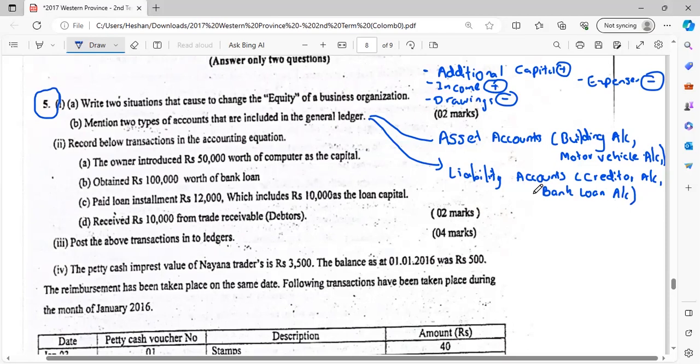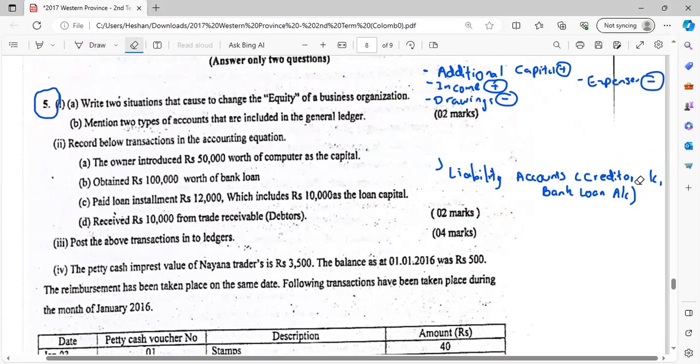Record the below transactions in the accounting equation. Our basic accounting equation is assets equal equity plus liability.